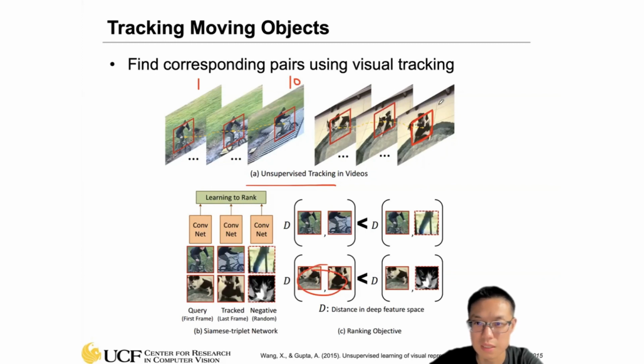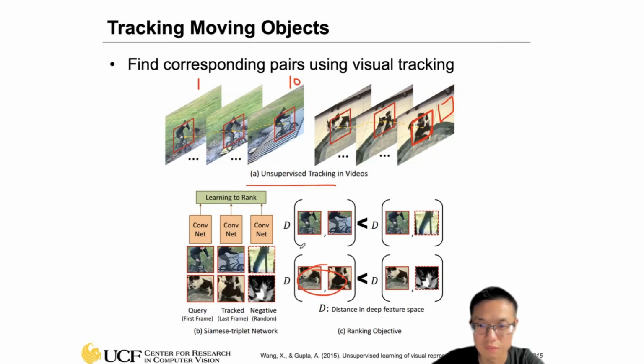But if you just randomly select a patch from the same video, if you don't use the tracked object or bounding box, the random patch may contain a different object. So in the feature embedding space, these two should be far away, so the distance should be larger.